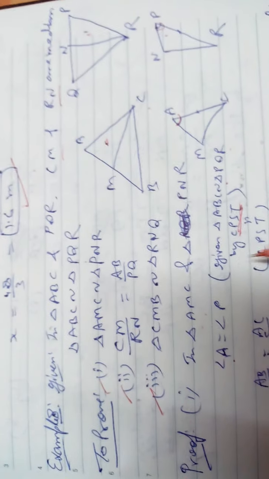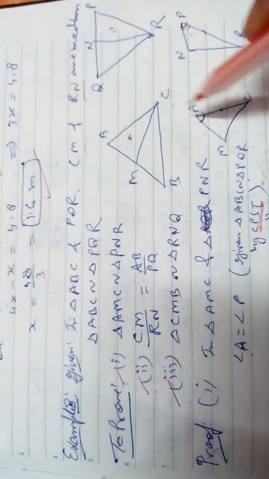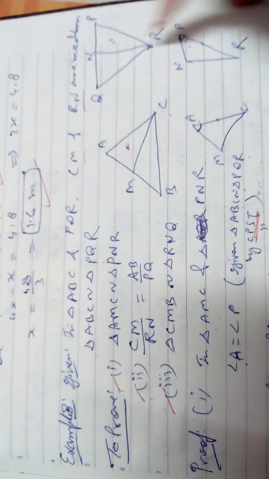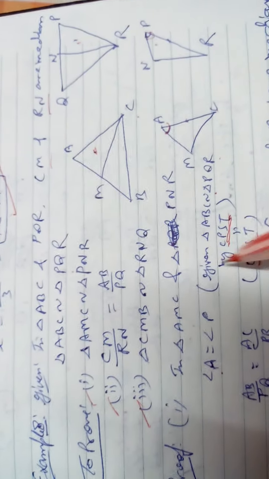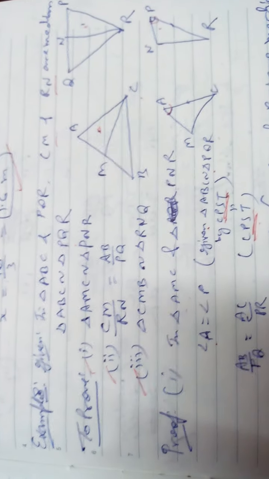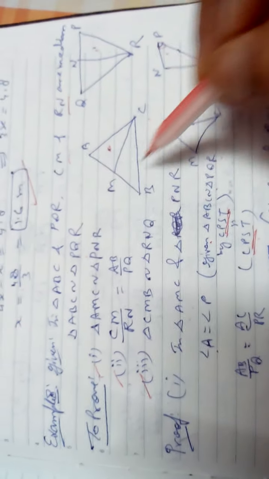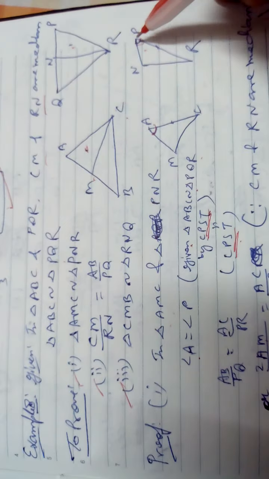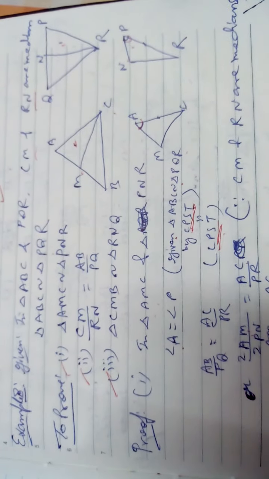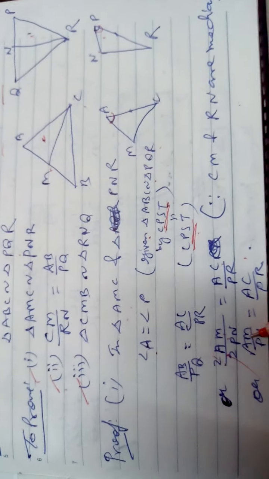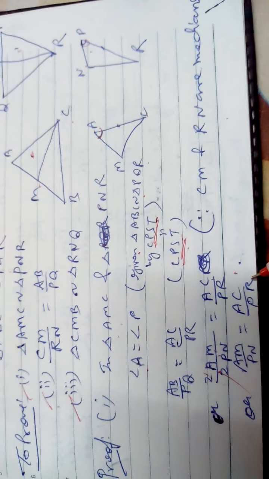By the same condition, the ratio of sides AB by PQ is equal to AC by PR, by CPST. Now AB is twice AM because M is the midpoint of this side, CM is the median. So 2AM upon 2PN is equal to AC by PR. The 2 cancels, and you get AM upon PN equal to AC by PR.